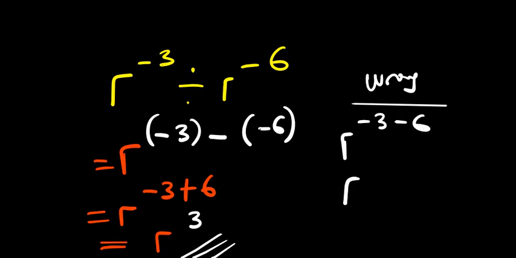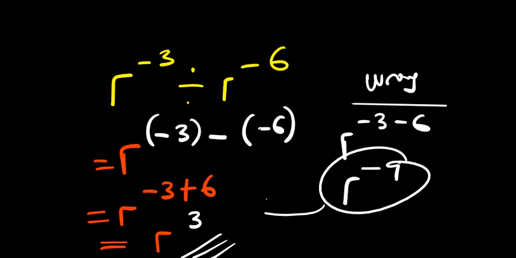So in this case I'm going to have negative 9, because I'm adding 3 plus 6, but the sign, you're going to get the same sign. So I'm going to have r to the power negative 9, which is different from this. So this is the wrong way of solving it. So always note what they've given you. That is very important.